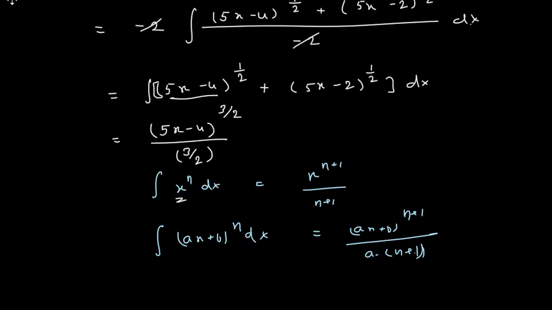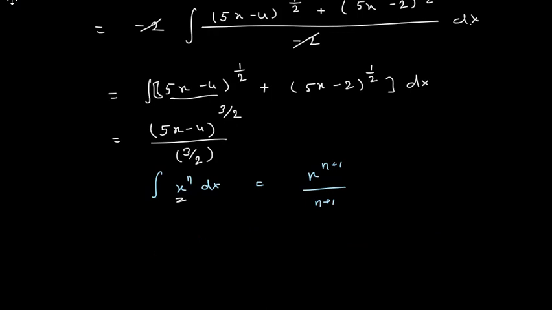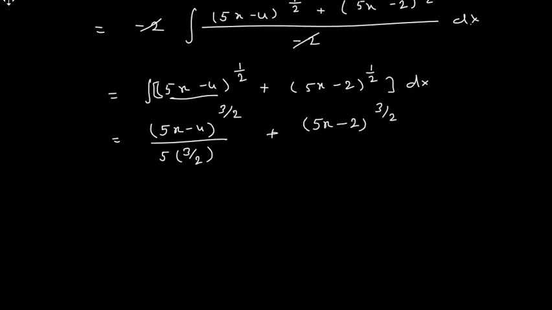So therefore this part will become, this formula you know, so I will write 5 here. Similarly plus here we have 5x minus 2 the whole power 3 by 2 whole divided by 5 into 3 by 2, and plus c. So don't forget to write plus c.